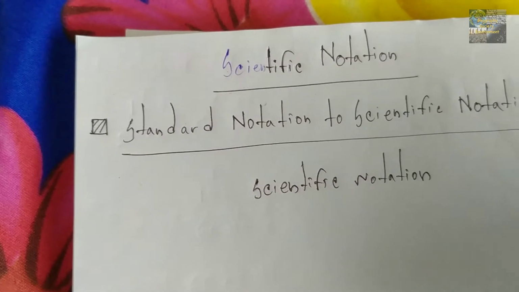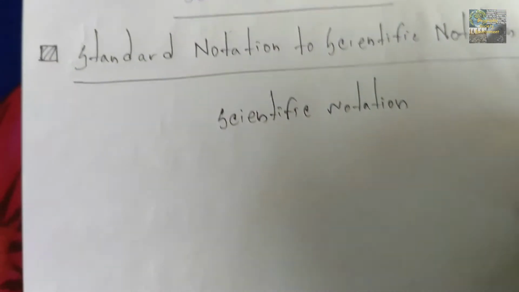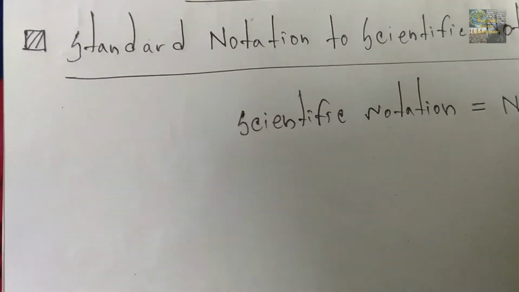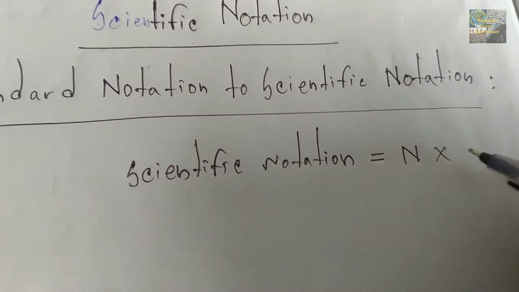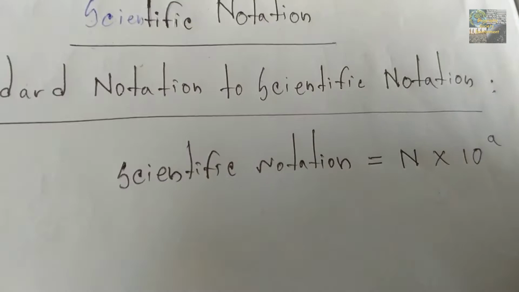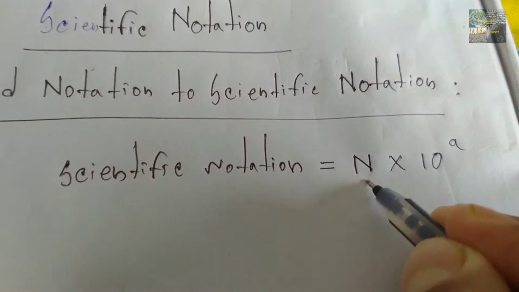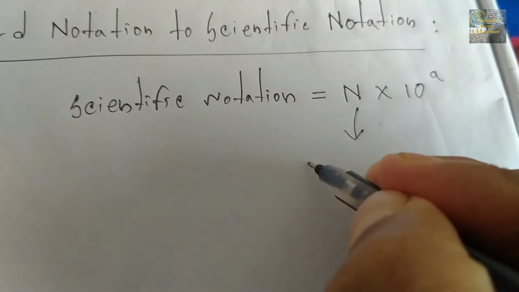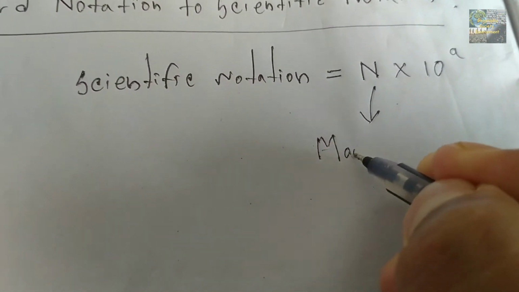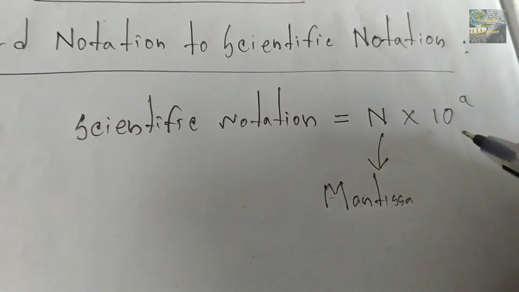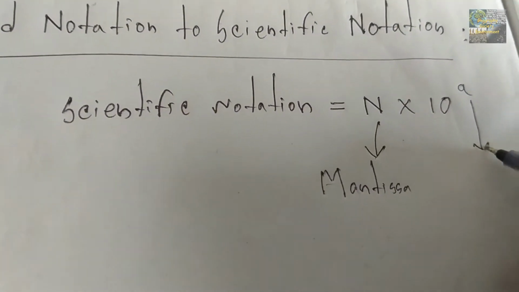Scientific notation is n into 10 to the power a. Here n indicates the mantissa, 10 is the base, and a is the exponent.